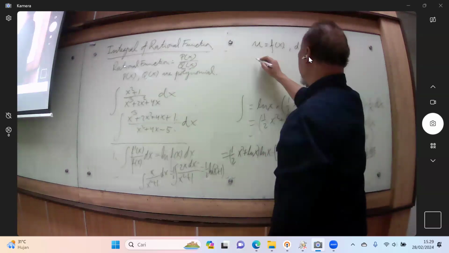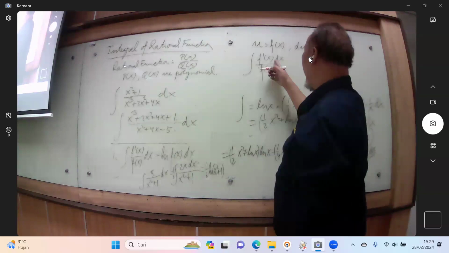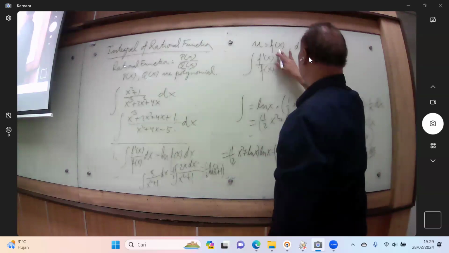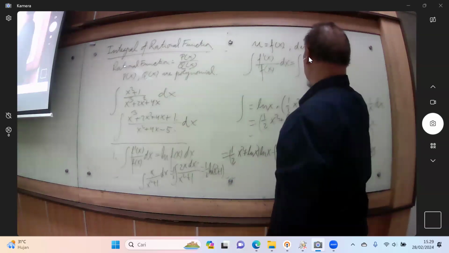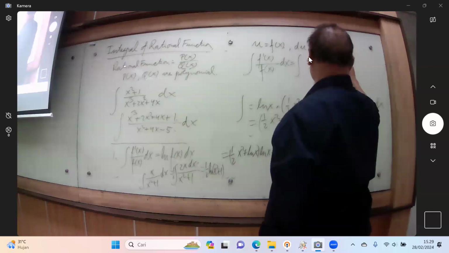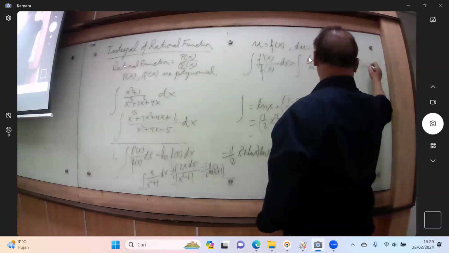So the integral of f prime x divided by f x dx, where f prime x dx is du, becomes the integral of du divided by u, and this is ln u plus c, which is ln f x.